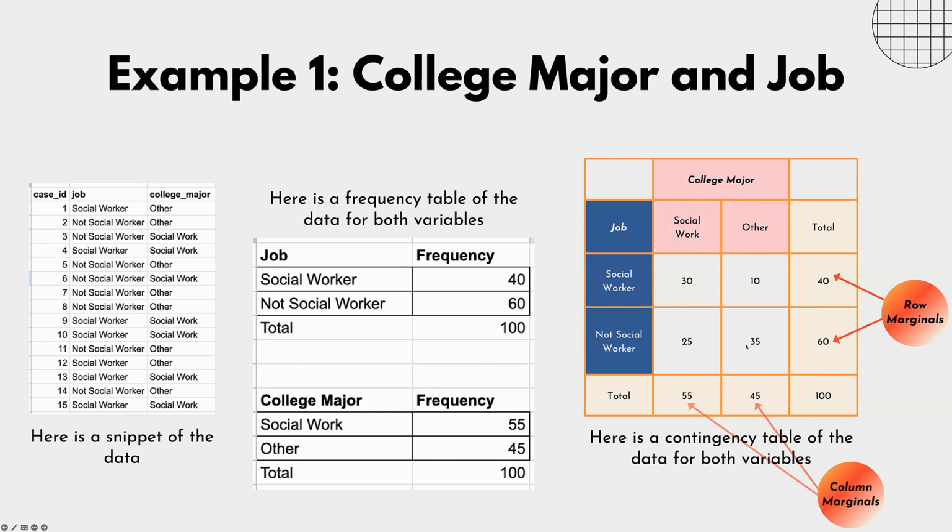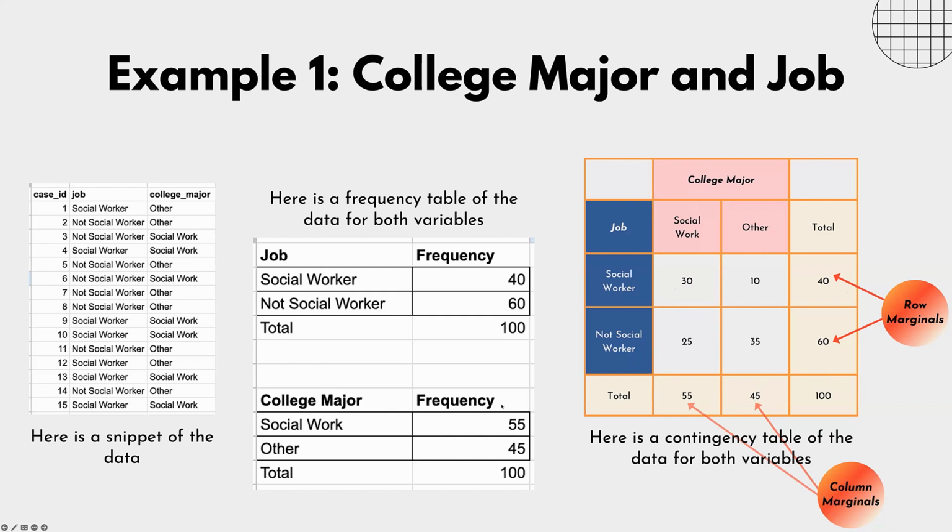And then we have 35 people who weren't in social work and they're still not working as a social worker. The contingency table breaks down how many people are social workers, 40, how many aren't, 60, but also how many didn't have social work as a college major and how many did, right?